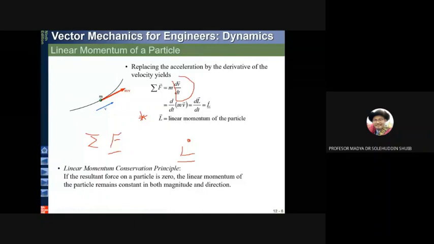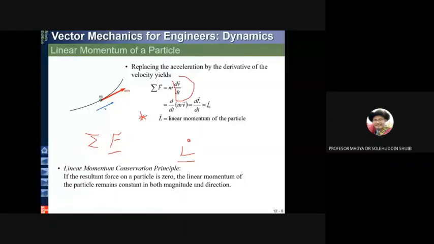So this is what the linear momentum conservation principle is about. If the resultant is zero, linear momentum is constant. Constant in what? In magnitude and also in direction.